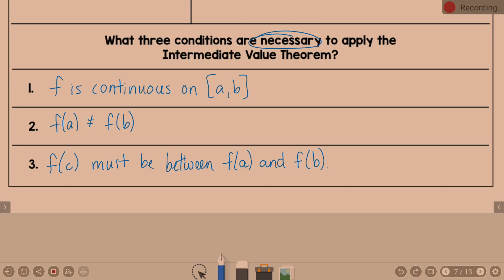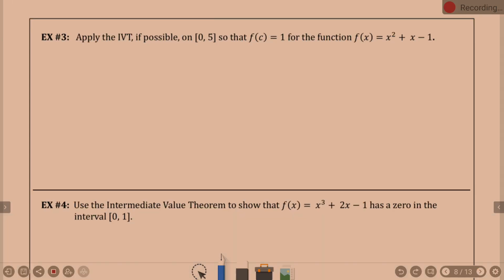Let's go look to do some applying. Apply the IVT, if possible, on the interval 0 to 5, so that f of C equals 1 for the function f of x equals x squared plus x minus 1.